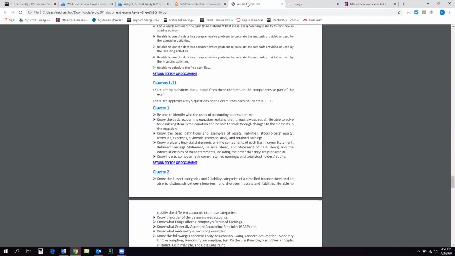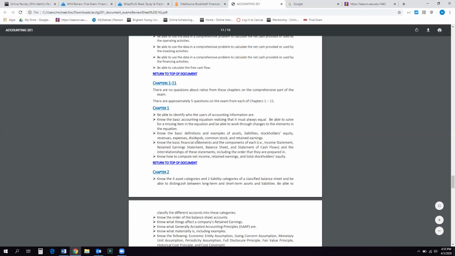So equity is our revenue minus expenses, which is our net income, and then minus any dividends, and our retained earnings, right? That's the equity section. So assets equal liabilities plus equity, where equity equals revenue minus expenses minus any dividends, and I forgot common stock, and then retained earnings. So it's listed right there.